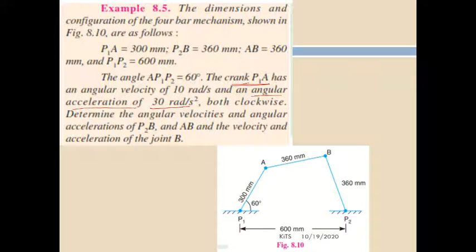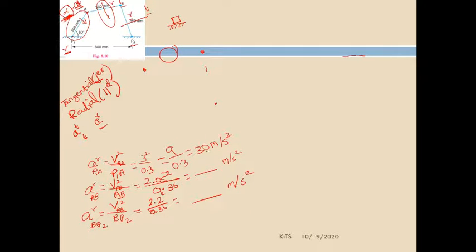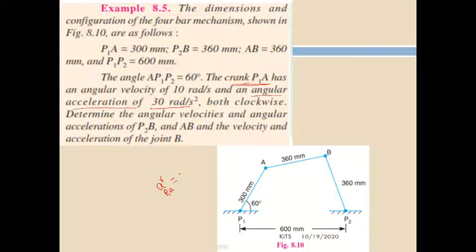So definitely this crank has a radial component. The radial component which we got is 30 meter per second square. Since they have given the angular acceleration, it is going to have a tangential component also.